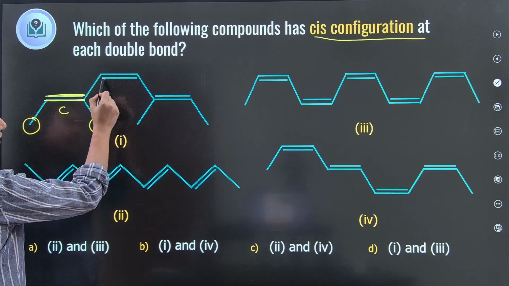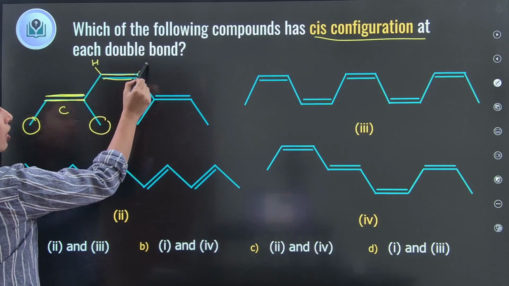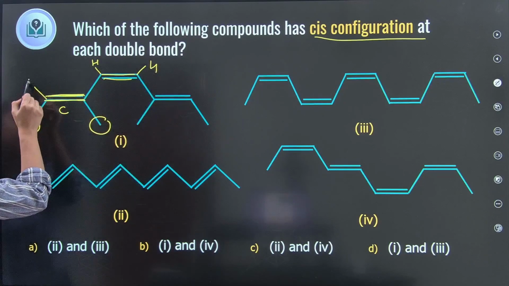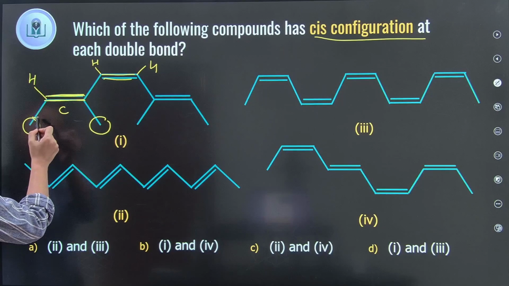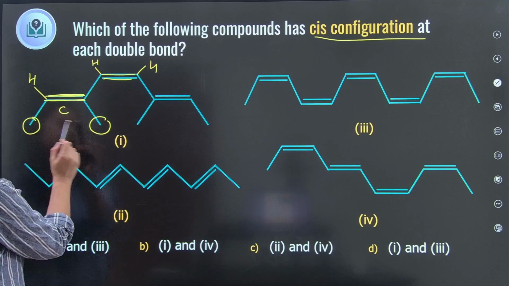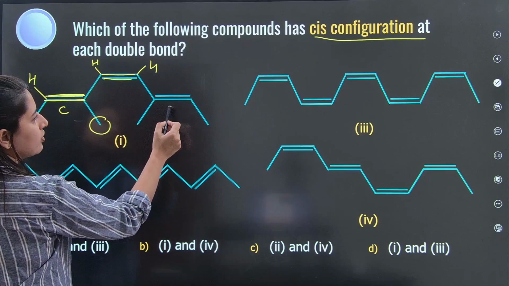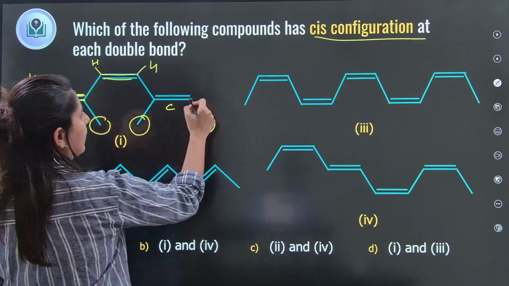You can see the double bond, this group is here, this group is here. If you're confused, just draw hydrogens and it will make your life simple. Out here is hydrogen, and this is a different group. So this is a cis, this is also a cis. What about this? This is also a cis. You have a methyl and a methyl group here.